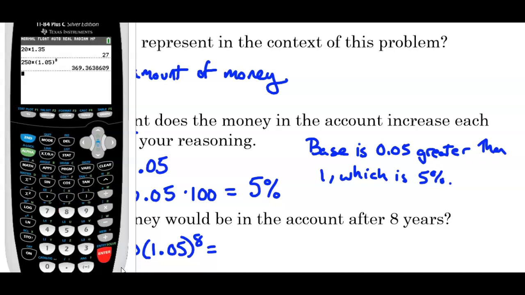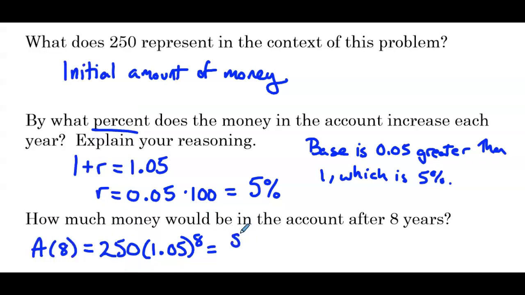Hit enter. Now we're dealing with money, so we're going to round to the nearest hundredth, which would be the nearest cent. So that would be $369.36. That's how much we would have after 8 years in this particular savings account.